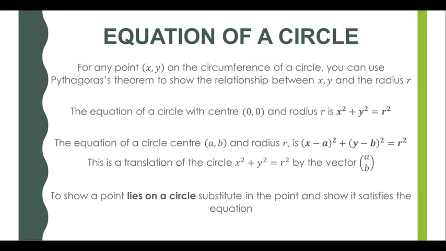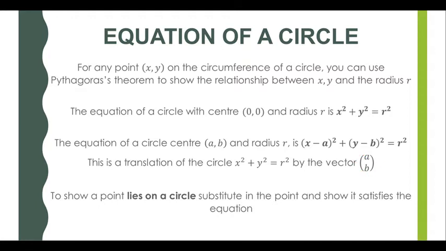If we have a circle with centre a, b and radius r, our equation is given as x take away a all squared plus y take away b all squared is equal to r squared. This is a translation of the circle x squared plus y squared equals r squared by the vector a, b.